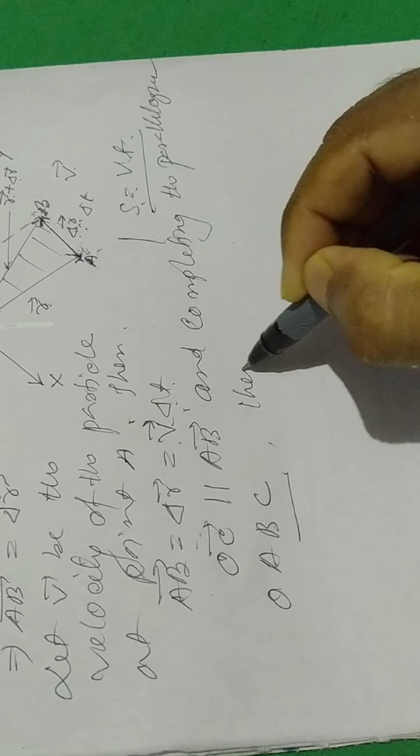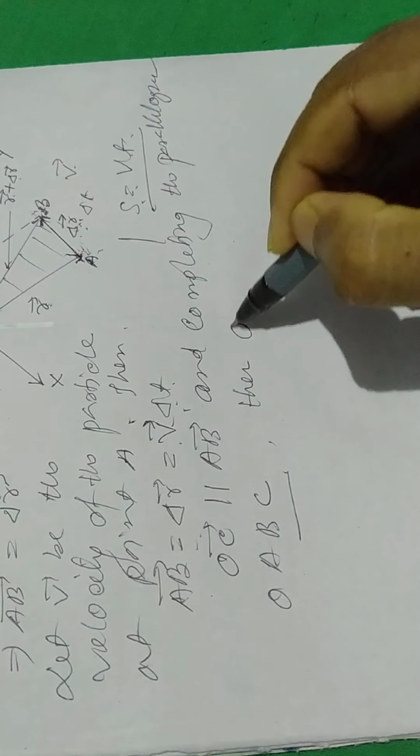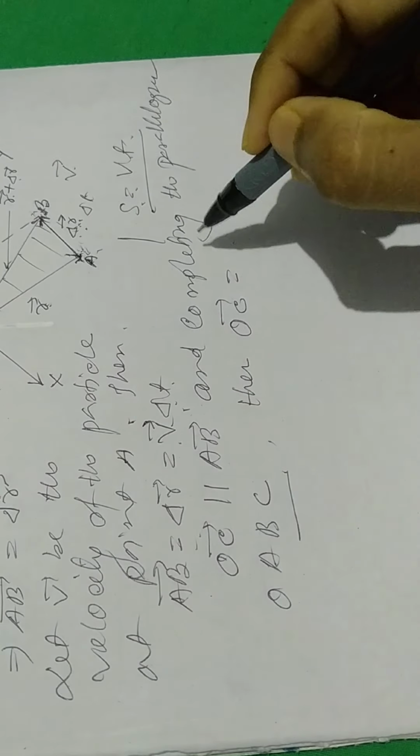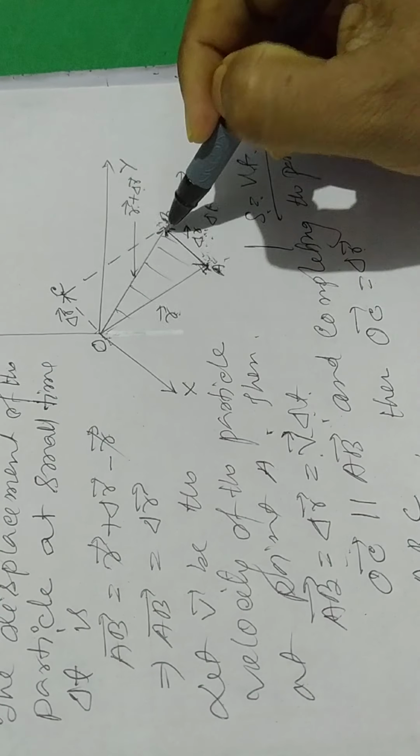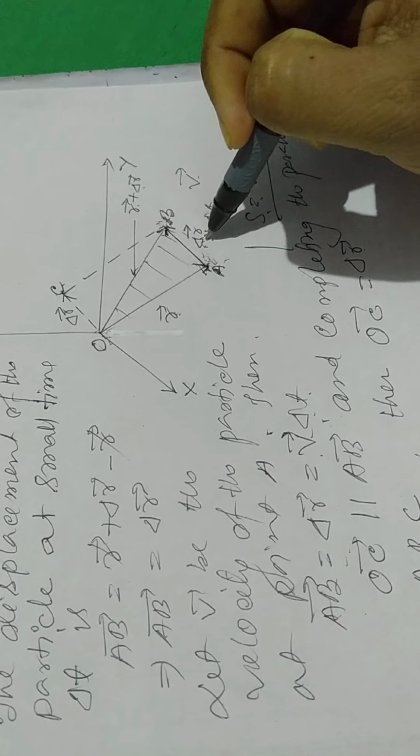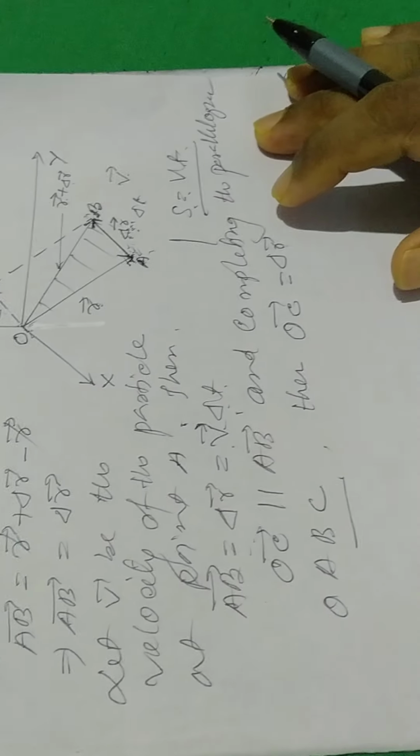Then OC becomes del R, since AB is parallel to OC, and AB is del R equal to del R.